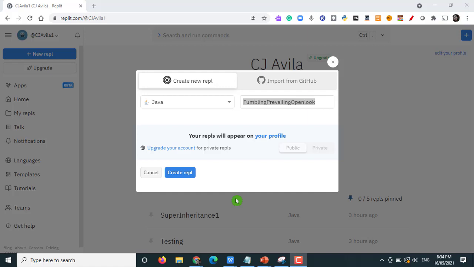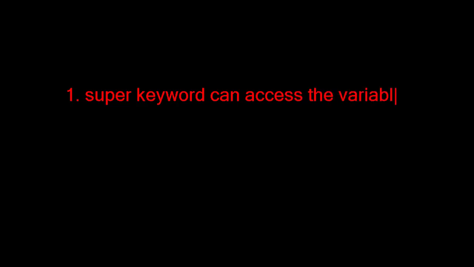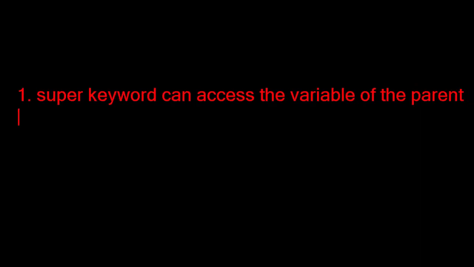Okay, however, in this video, I'll try to focus on the following. Let me just type in here what I'll be focusing on in this video. Number one, the super keyword can access the variable of the parent class.